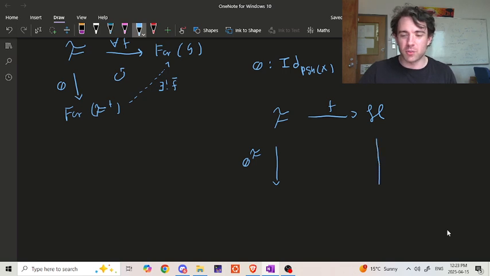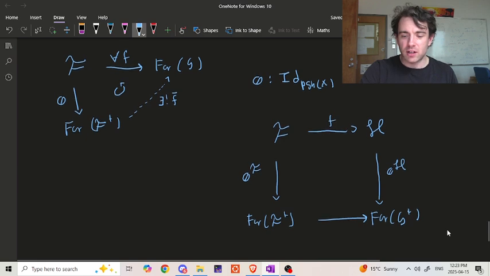So this will be theta superscript f, theta superscript h, and down below we'll have the forgetting of f plus and we will have the forgetting of g plus, and then down here will be the forgetting of f plus.